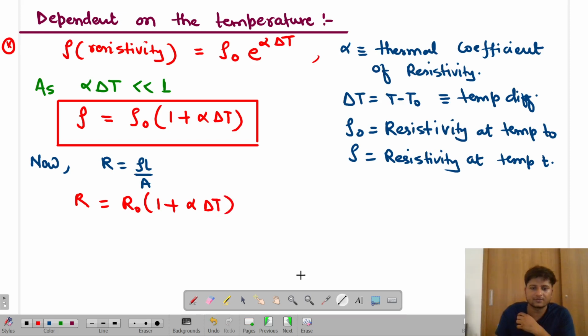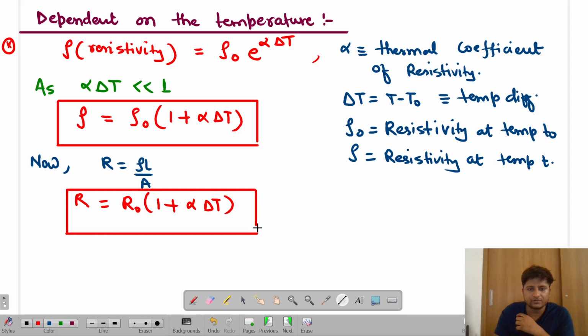Is that clear or not? Now, you can ask me, sir, how did you get this formula? What is the actual nature of these? We will talk about that. But this is my formula-based dependency. First we'll understand the formula and then we will move ahead.